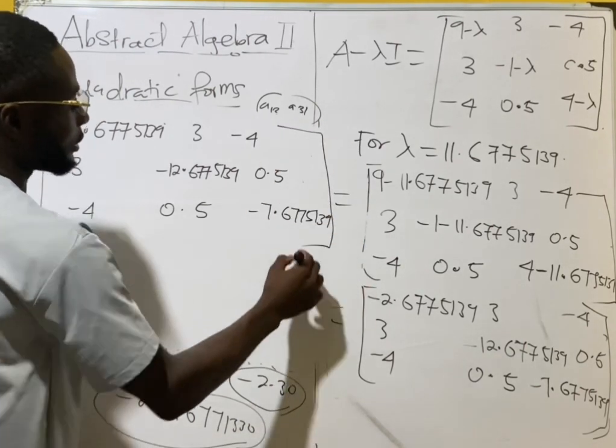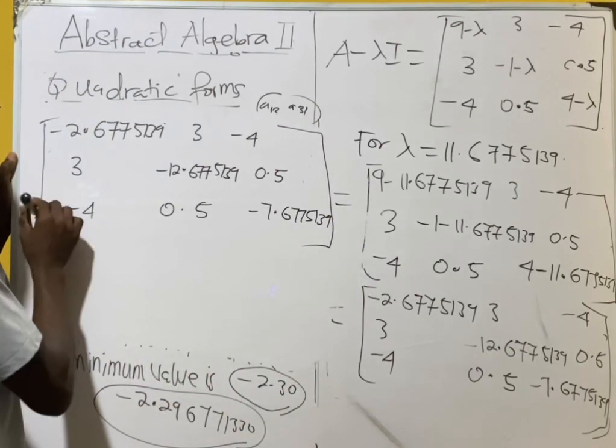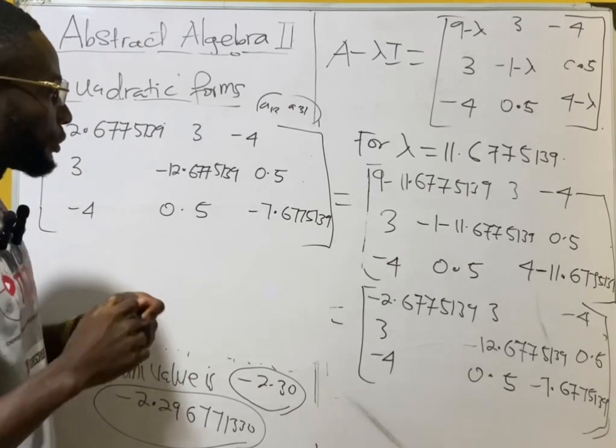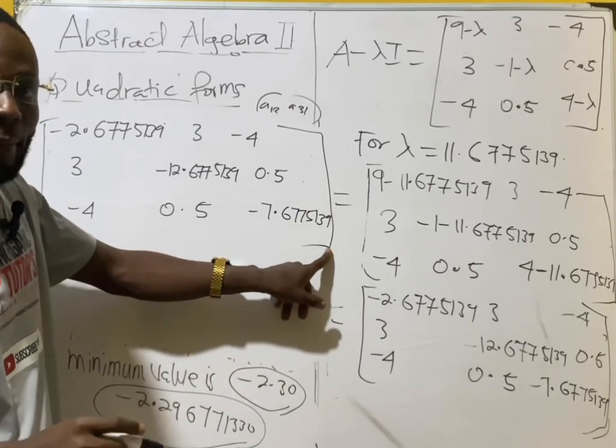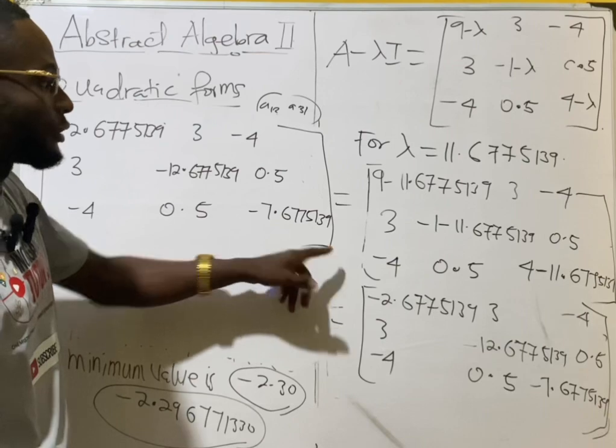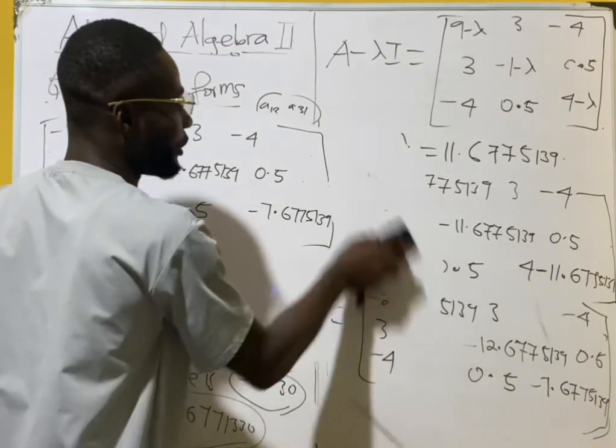So this is the matrix that we have. Okay, so we're going to multiply this by some unknowns, right? So let's do it from here.